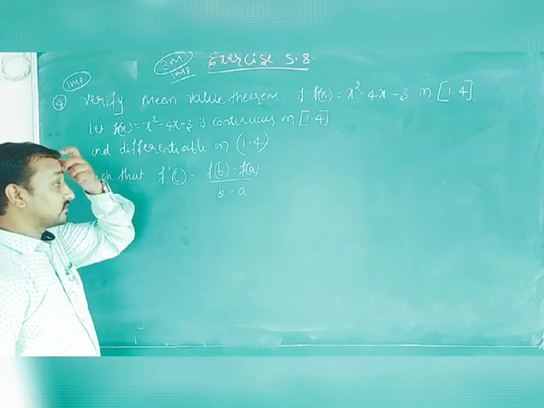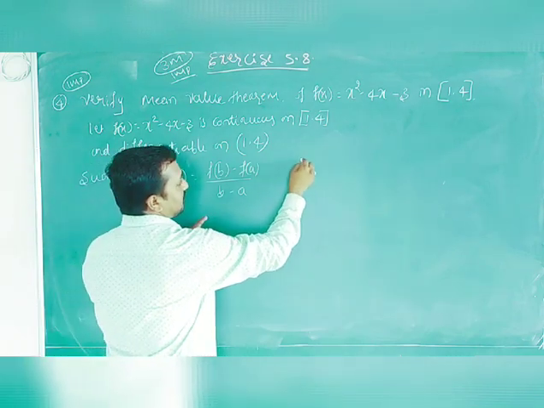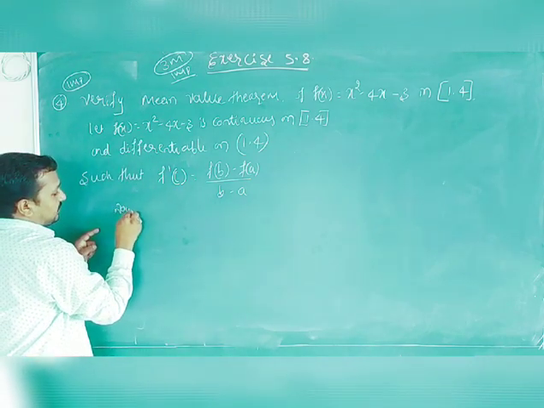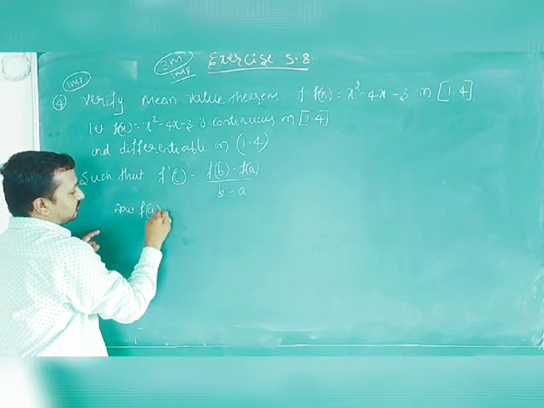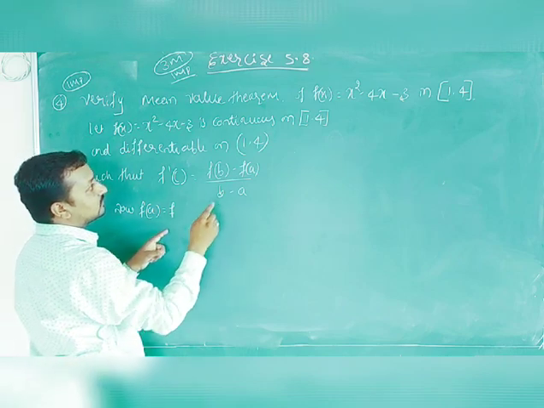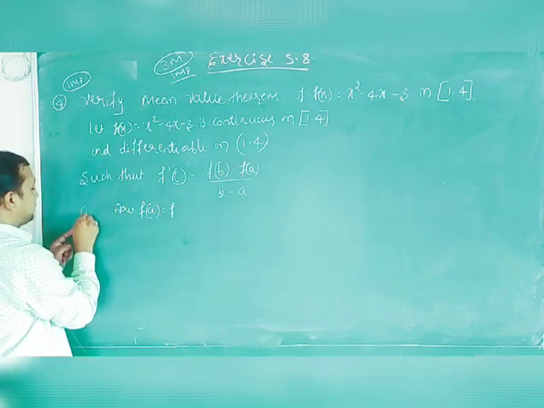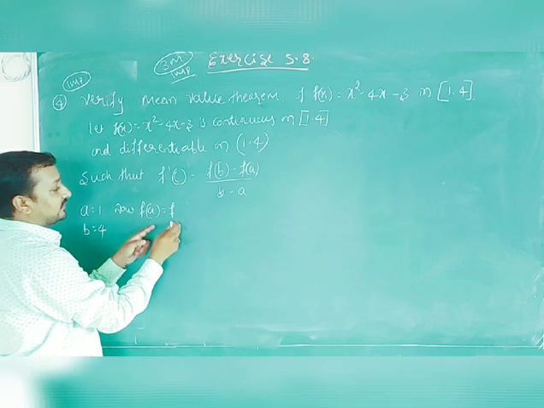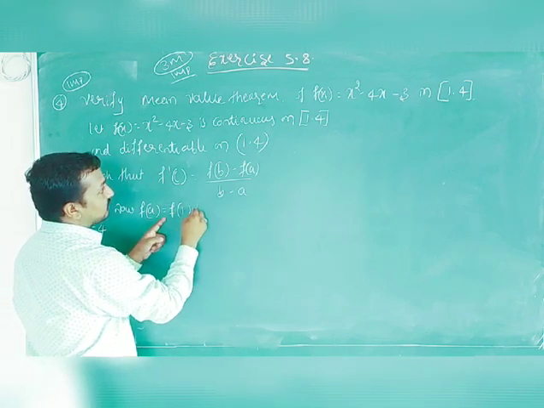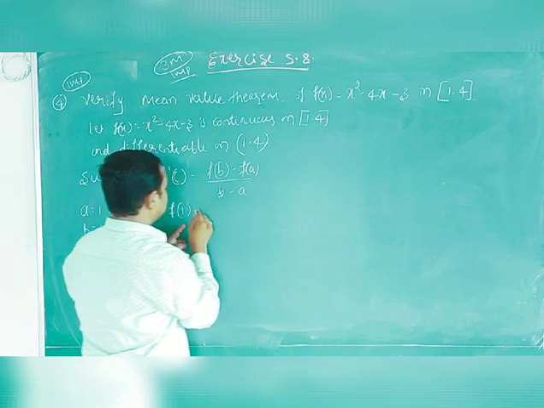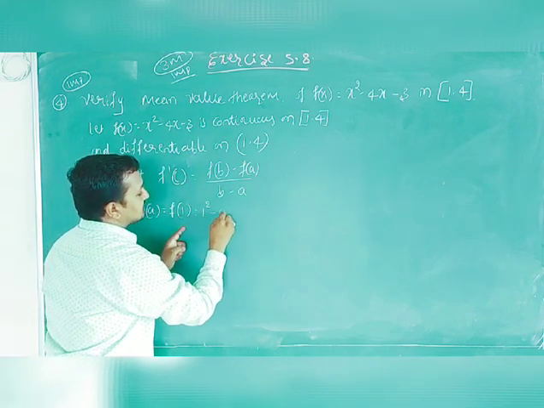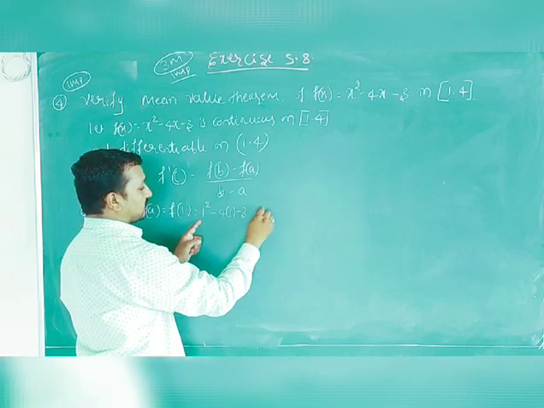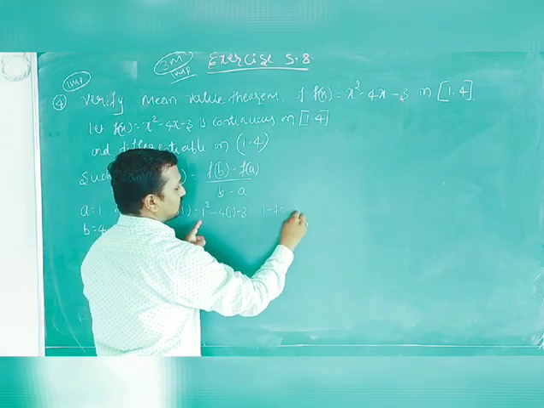Is that clear? Then what do you need to check? f of a. Now f of a is nothing but f of 1, because here a is equal to 1, b equal to 4. Put 1 in this one: 1 square minus 4 into 1 minus 3 is equal to 1 minus 7, which is minus 6.